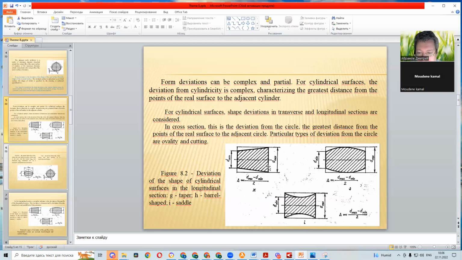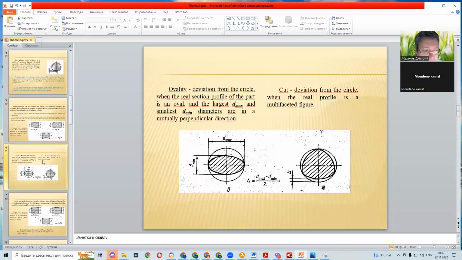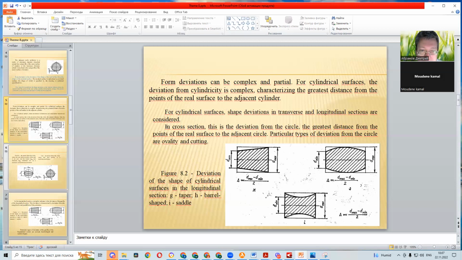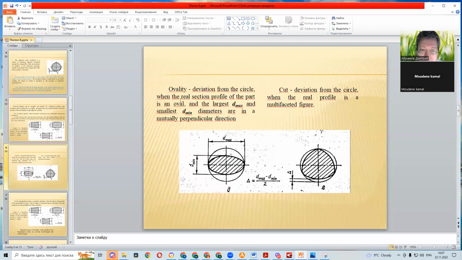D maximum is the maximum diameter of the real surface. D minimum is the minimum diameter of the real surface. And we can calculate deviation of the shape of a cylindrical surface in the longitudinal section. And in cross section, we have ovality and cut.